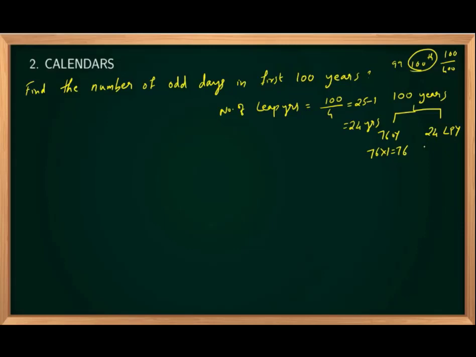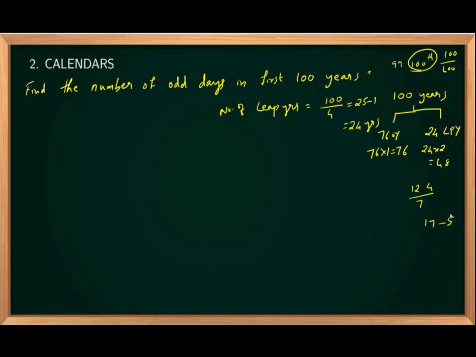So for 24 leap years, 24 into 2 equals 48. So the total in 100 years is 76 plus 48, which is 124. 124 divided by 7: 7 into 12 is once, then 54, 49 is 7 times, remainder 5.